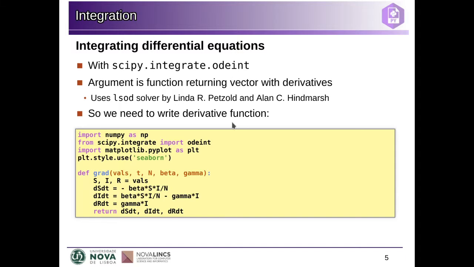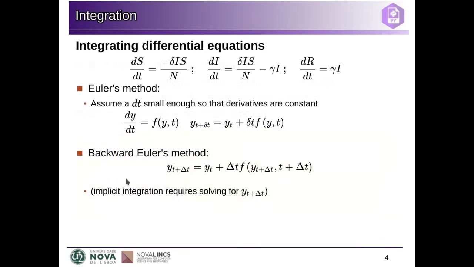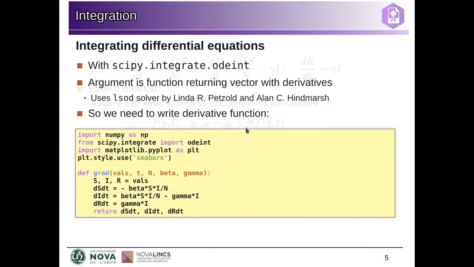So the first thing we need to do is to create a function that returns the derivatives given the values of our variables. So what the int function will do is call the function that outputs the derivatives in order to compute these different values and to solve these equations for the integration.